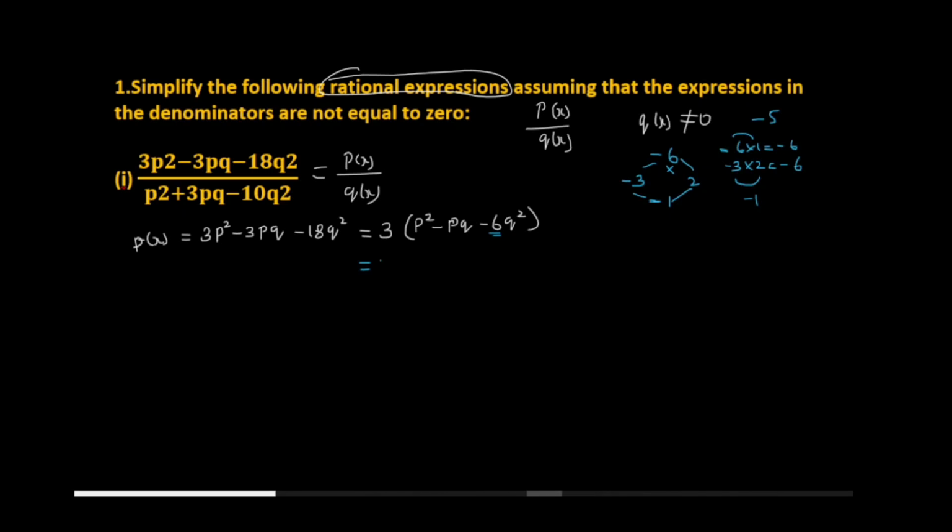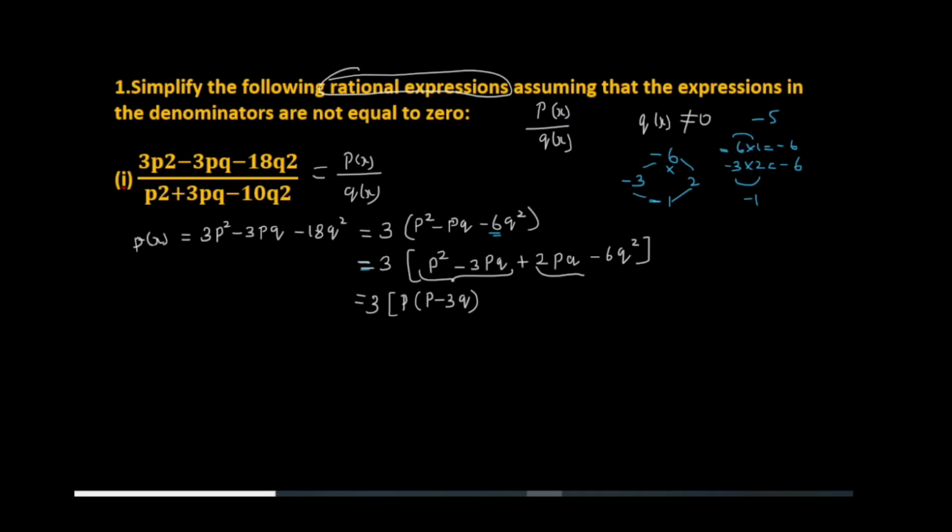So splitting the middle term, we can write 3 times p squared minus 3pq plus 2pq minus 6q squared. Minus pq is split as minus 3pq plus 2pq. So 3 into, for the first two terms, p is the common factor, p into p minus 3q.